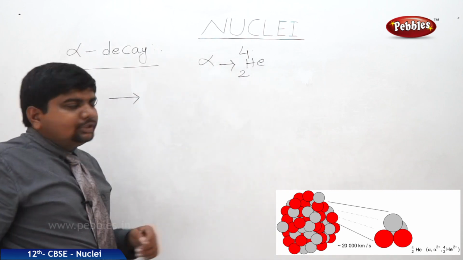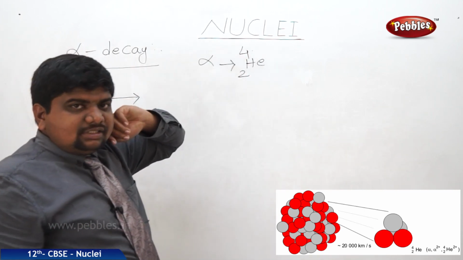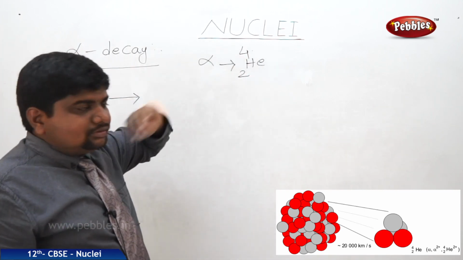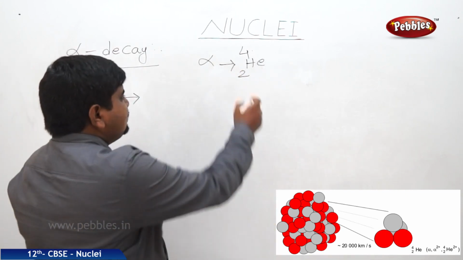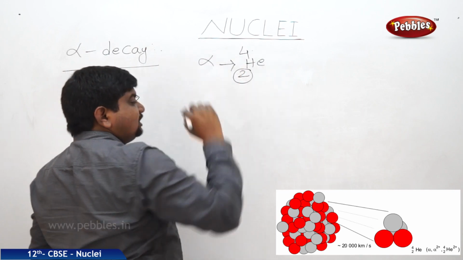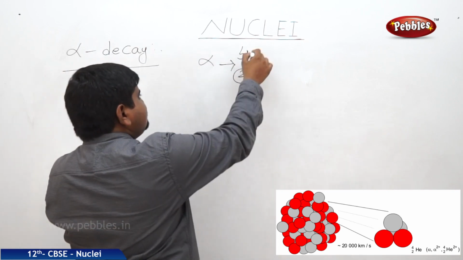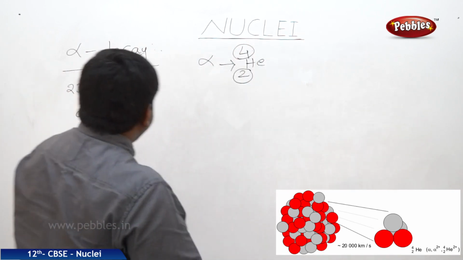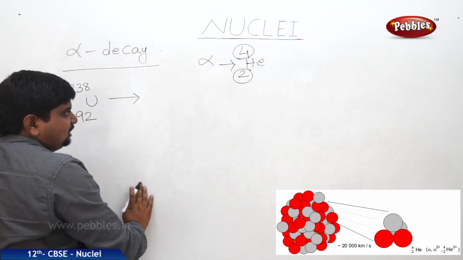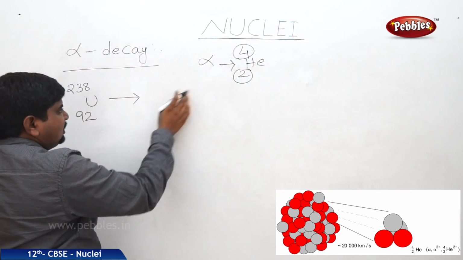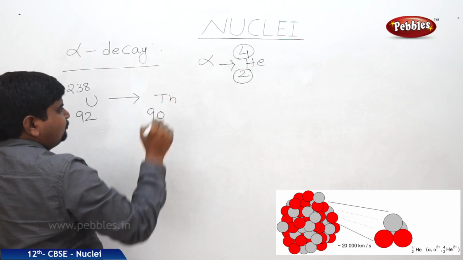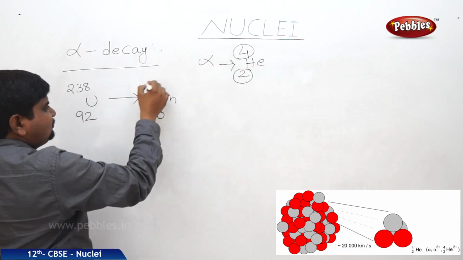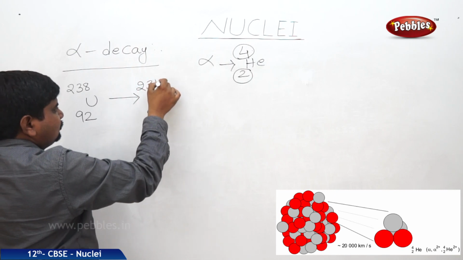Four. 2 is atomic number, 4 is atomic mass number. So if an alpha particle is removed from a nuclide, its atomic number is going to change by 2, mass number is going to change by 4. Means 92 uranium 234. What is 92 minus 2? 90. It is thorium. 238 minus 4? 234.